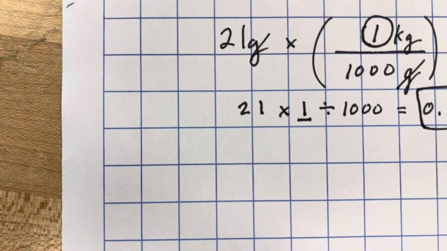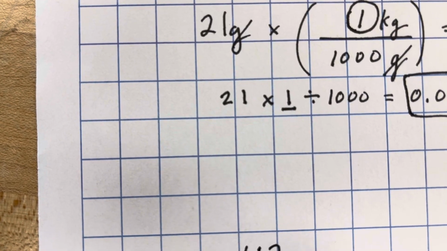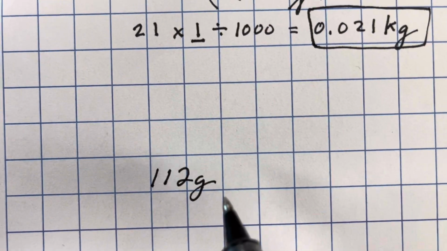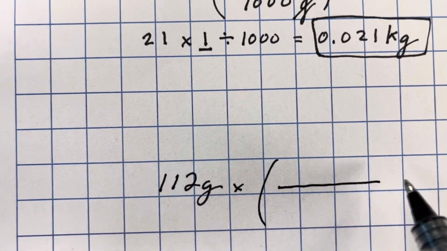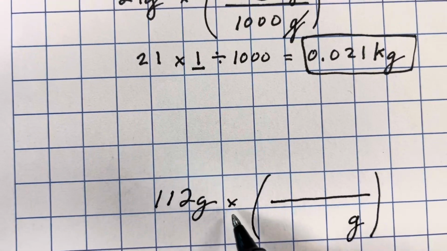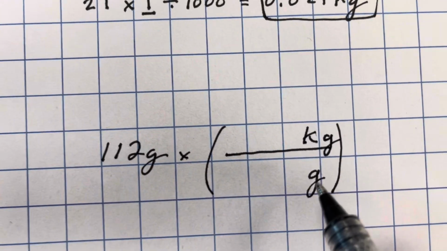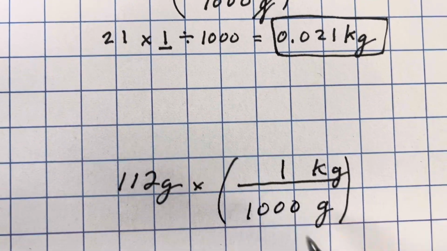Let's try another one. Let's say we had a heavier bridge, let's say 112 grams, and we're trying to convert that to kilograms. Again, we would multiply by our conversion ratio. Grams in the denominator because we have grams, put kilograms in the numerator, and our ratio is 1 kilogram for every 1,000 grams.